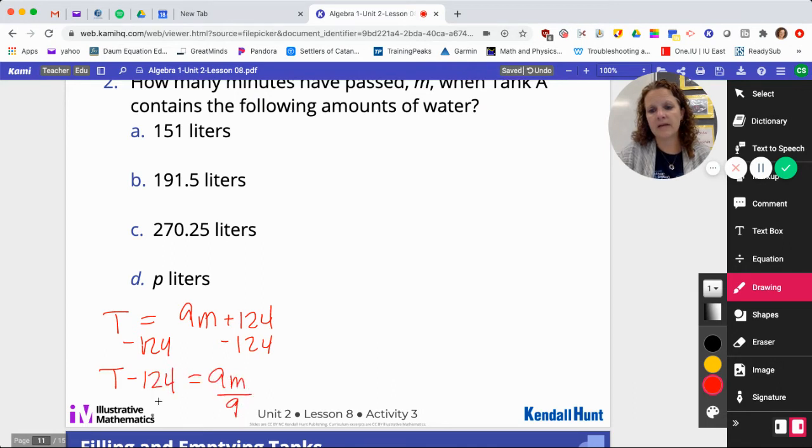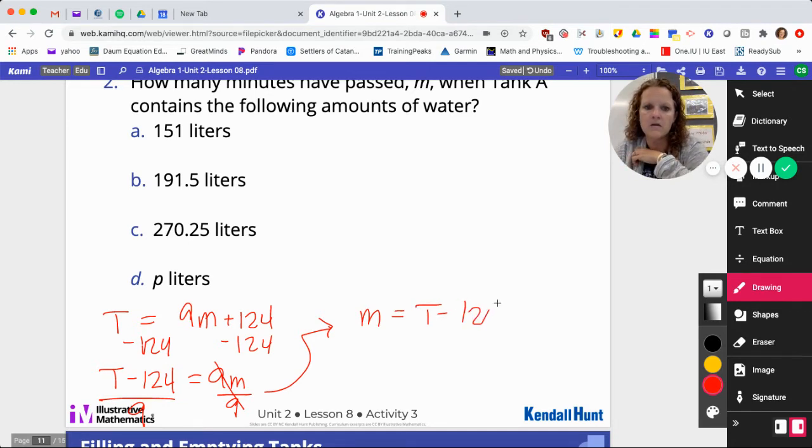Divide both sides by 9. And that is M equals T minus 124 over 9. That's the equation we're going to use, and just plug in what we know.